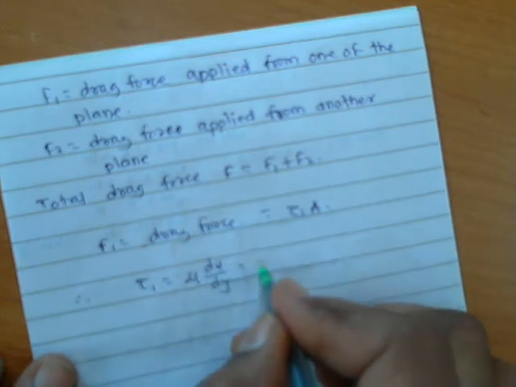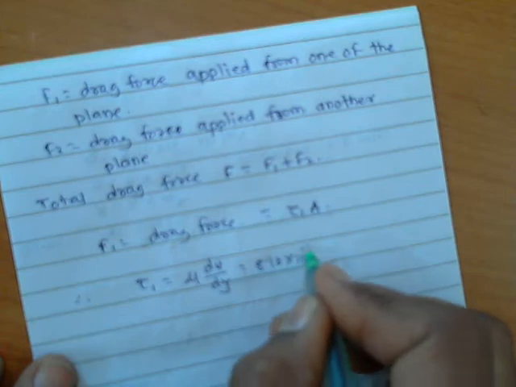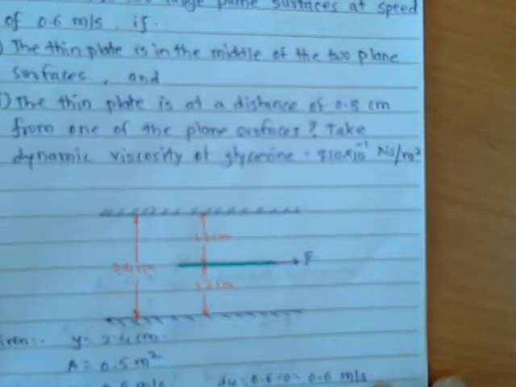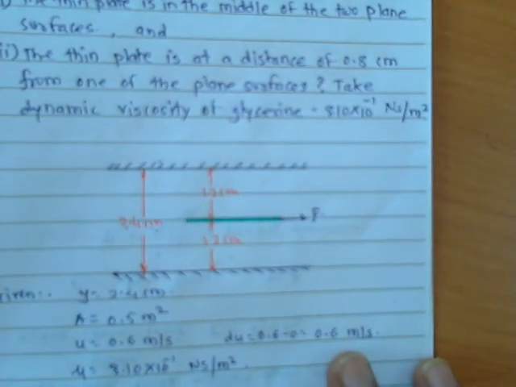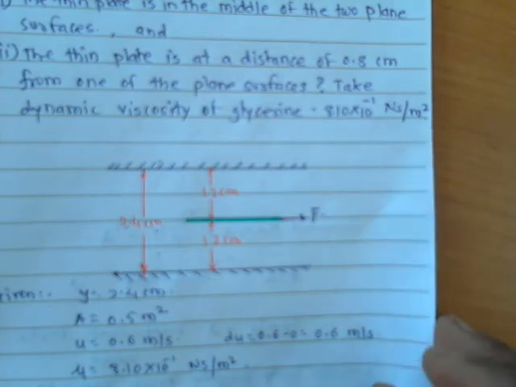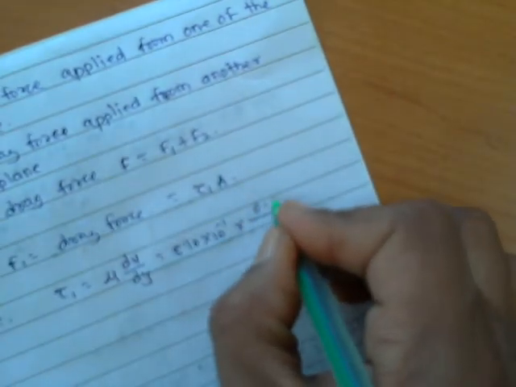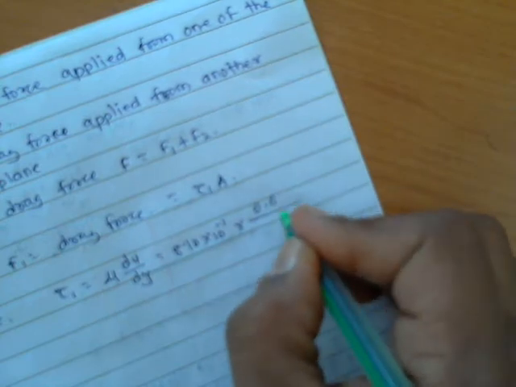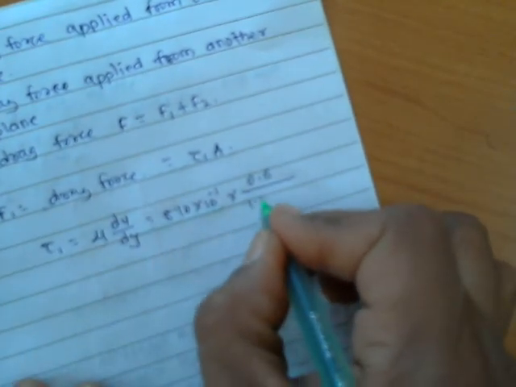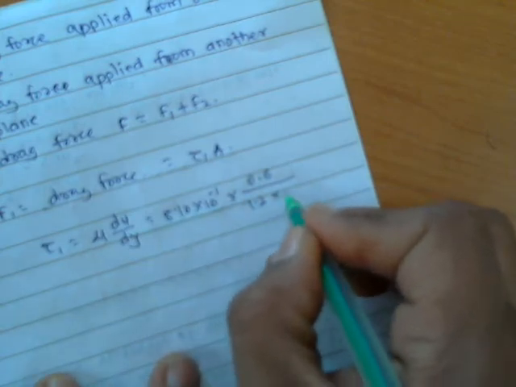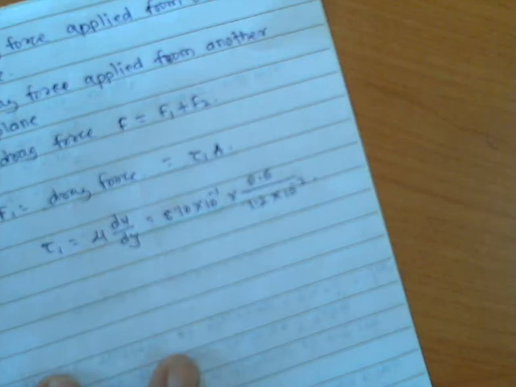So mu is 8.10 into 10 raised to minus 1, multiplied with the velocity change we already found, 0.6 meter per second, and the distance between the plate and plane is 1.2 centimeter. This is 10 raised to minus 2.